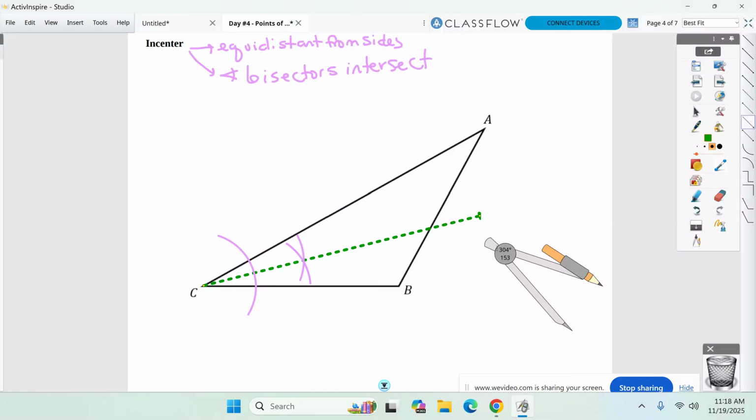You make one arc across your angle, and then from each point of intersection, make two more that intersect. Once you're confident in one, go ahead, bisect another one. I like it. Talking to each other. If you have issues, talk to each other. Yeah, exactly. So you just drop a line through the intersection.